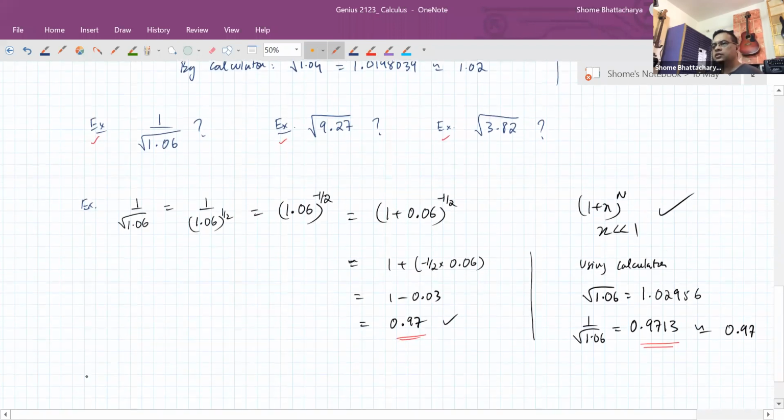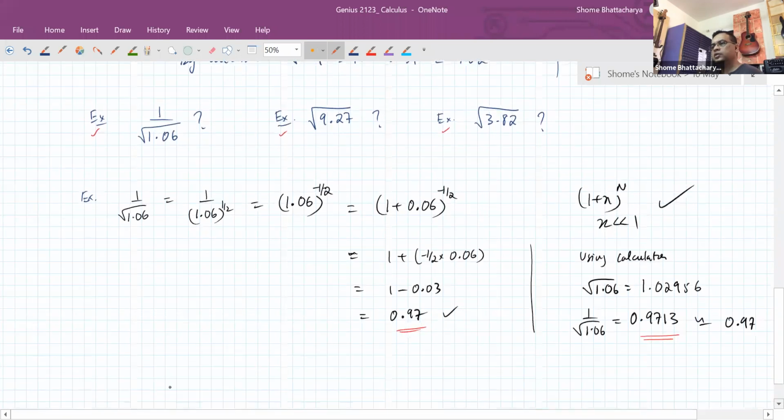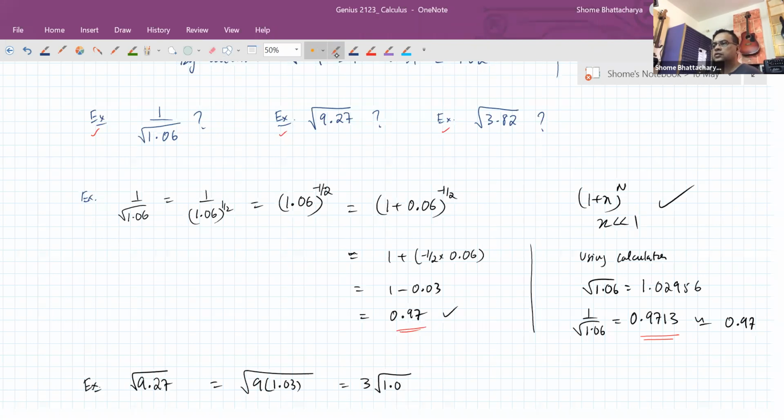Now for the second one, many of you might not have started, so I'll just give you a hint. So what you can do here is that you can see that if you take 9 common inside, okay, it is 9 into 1.03, and the 9 comes very nicely outside this. Okay, so it's just a trick. It's a matter of observation that you can do this over here.